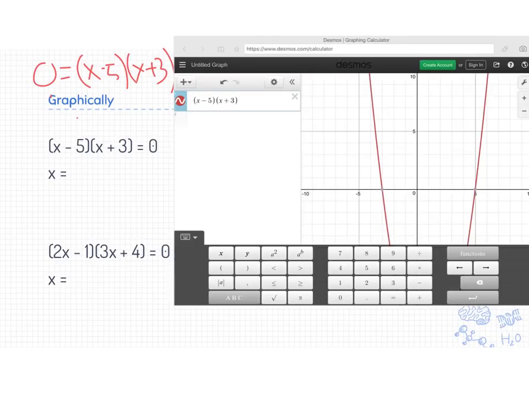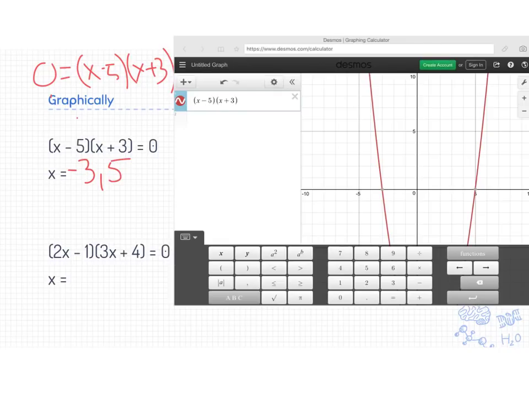Well, y equals 0, you can see that blue line there. And where does it intersect our red graph? You can see at the point -3 and at the point 5, which if you remember back to when we factored it, we got the answers of -3 and 5.